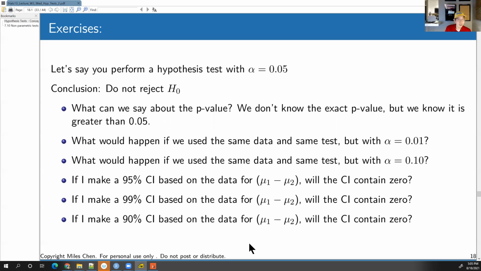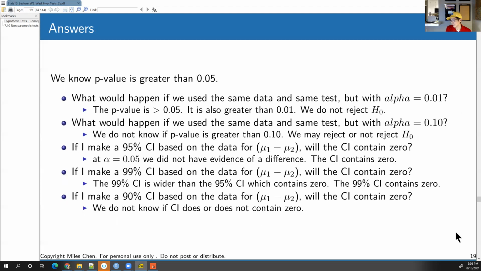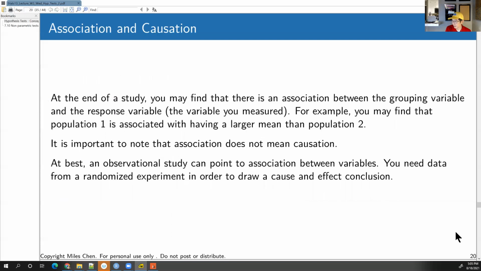I mean, you'll have to do some hypothesis tests yourself, along with answering some conceptual questions related to it. And you can expect to see some questions like this. So if you want to put a little star in your notes that says slide 33 or slide 18. It's numbered slide 18, but I think it's the 33rd slide in the slide deck.